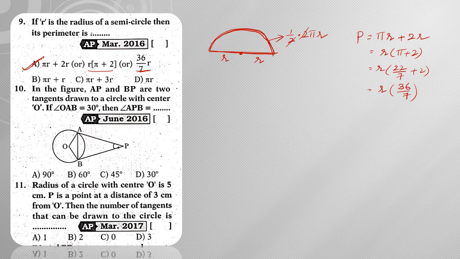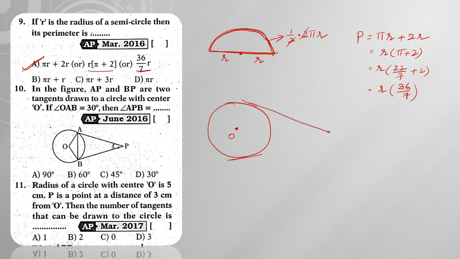Okay. Next, in the figure, AP and BP are two tangents drawn to the circle with center O. If angle OAB is equal to 30 degrees, then angle APB is equal to. So this particular angle APB is asked. Now let us draw the figure again. Here this is center O and from point P we have drawn two tangents.